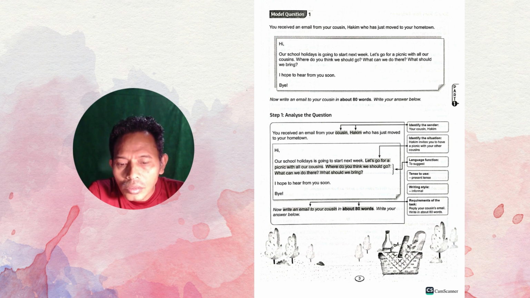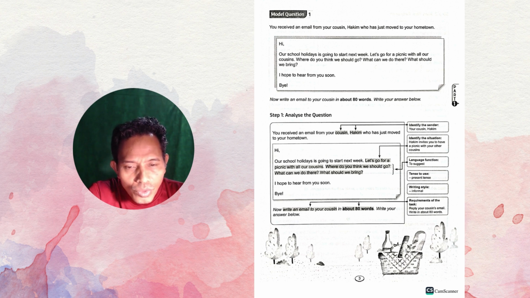Let's discuss a model question for number 1. You receive an email from your cousin Hakim, who has just moved to your hometown. "Hi, our school holidays are going to start next week. Let's go for a picnic with all our cousins.